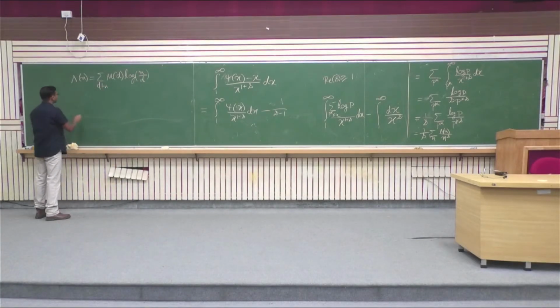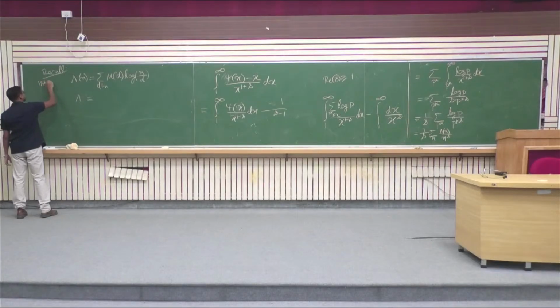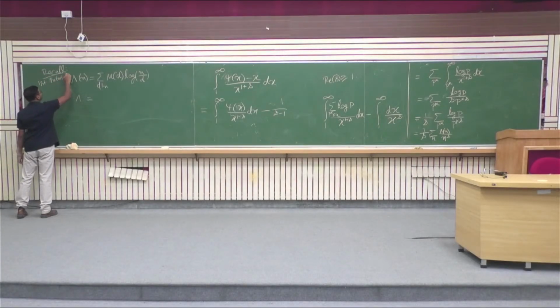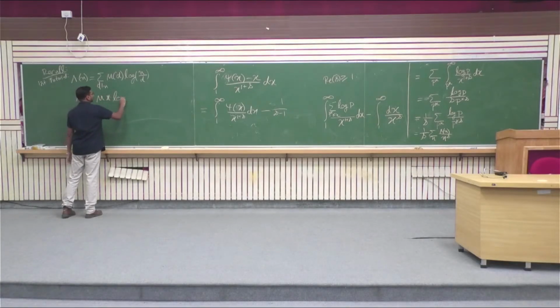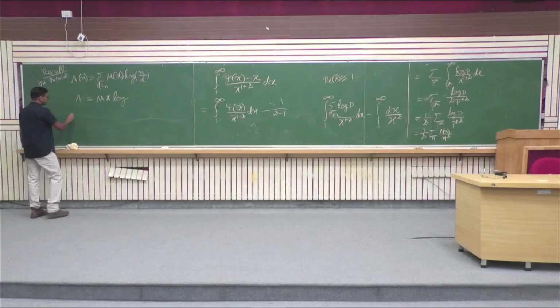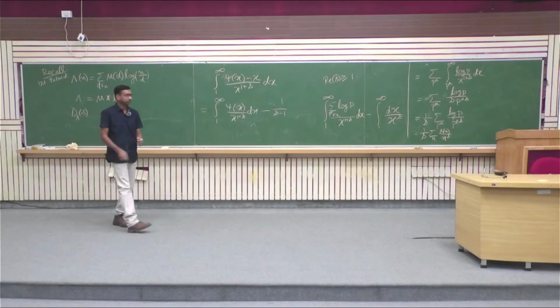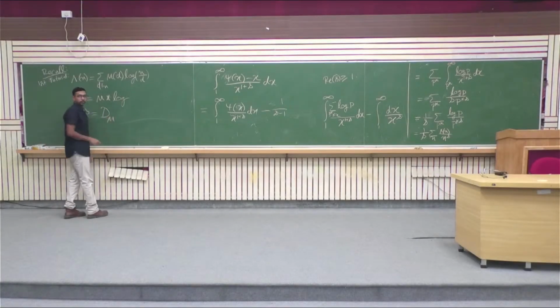In other words, recall from the past tutorial, that Λ was μ star log, right? So that means the Dirichlet series associated with Λ is equal to the Dirichlet series associated with μ times the one associated with log.